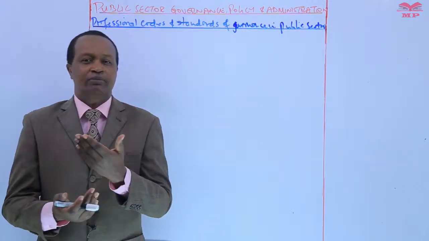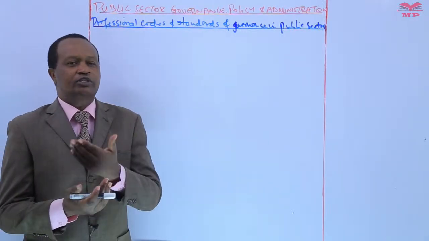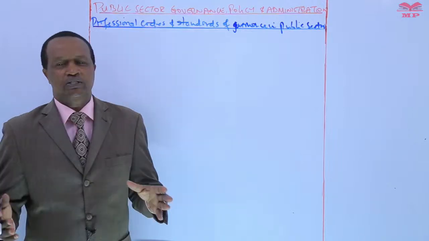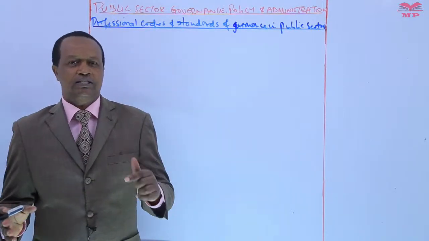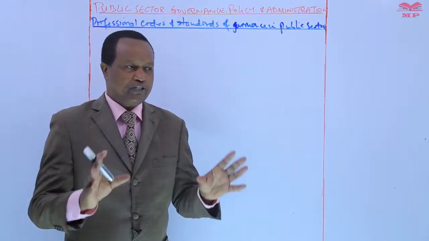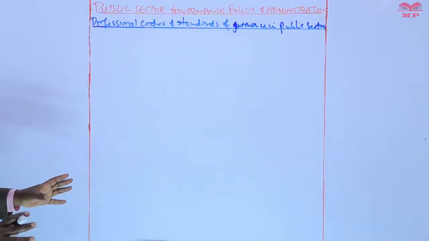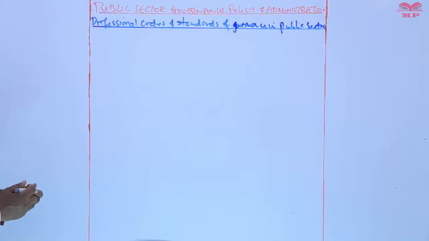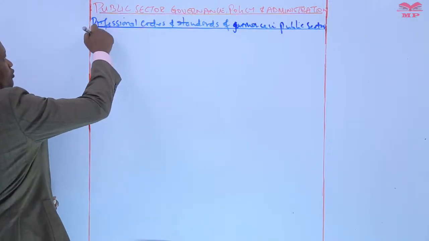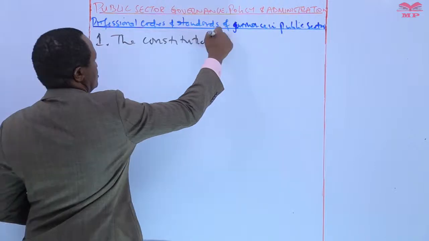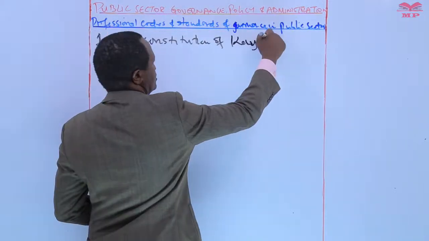We have the Public Service Commission Code of Regulations, and we also have regulations that have been developed by the EACC. So let's briefly explain some of these codes and standards, beginning with the Constitution of Kenya of 2010.